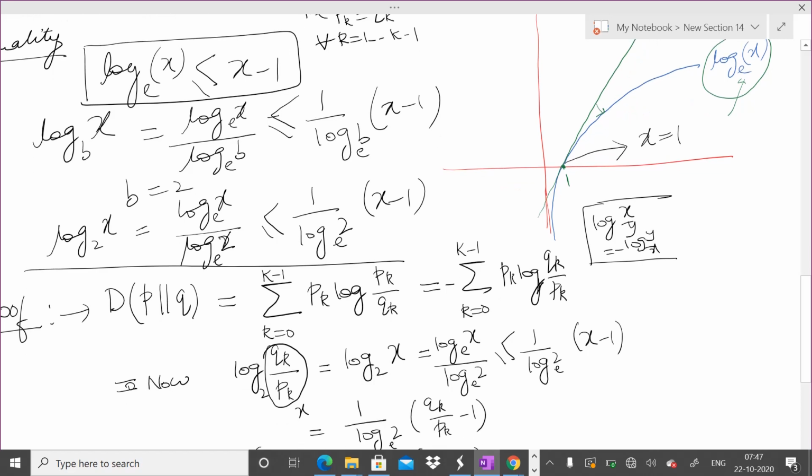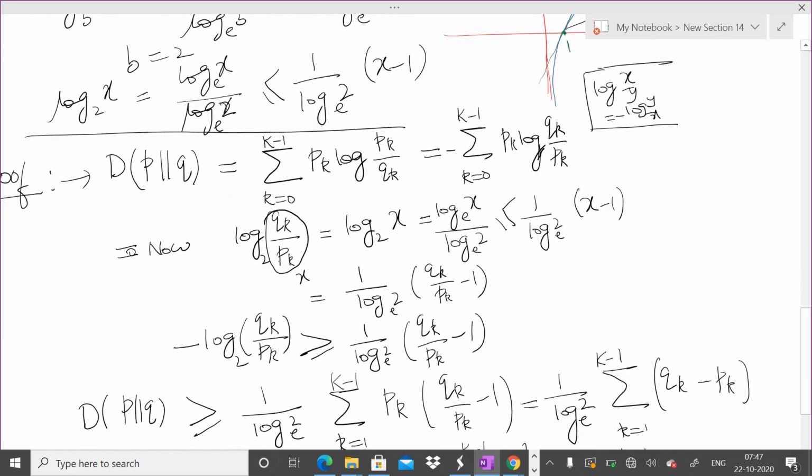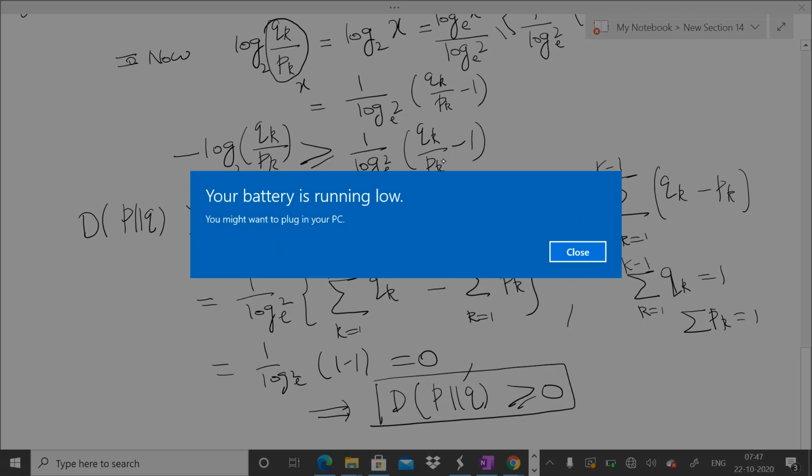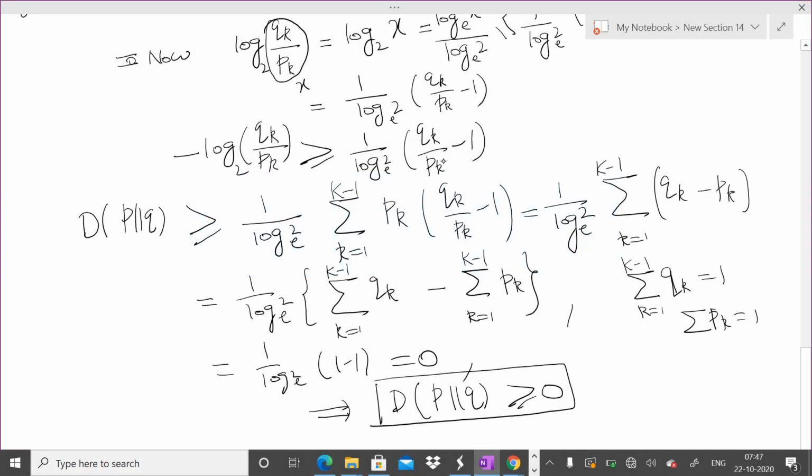Since we have put x as qk by pk, it means that relative entropy is equal to 0 when p is exactly the same as q, p is equal to q, right. So this is the proof of the theorem, and this is one of the properties of relative entropy.